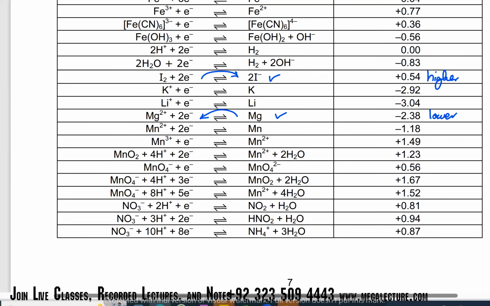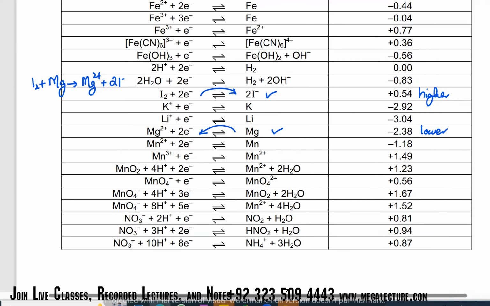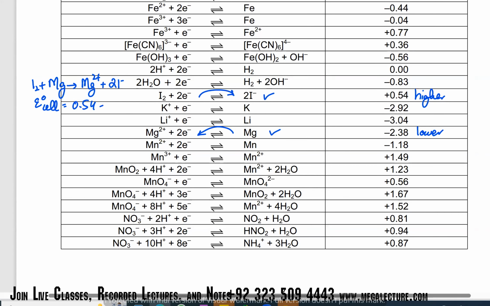The reactant of the first one is I2, and in the second one, the reactant is Mg, and the product is Mg2+ and 2I-. And the E0 cell for this reaction is higher minus lower, so it's 0.54 reduction minus oxidation, minus the other one, which is minus 2.38.